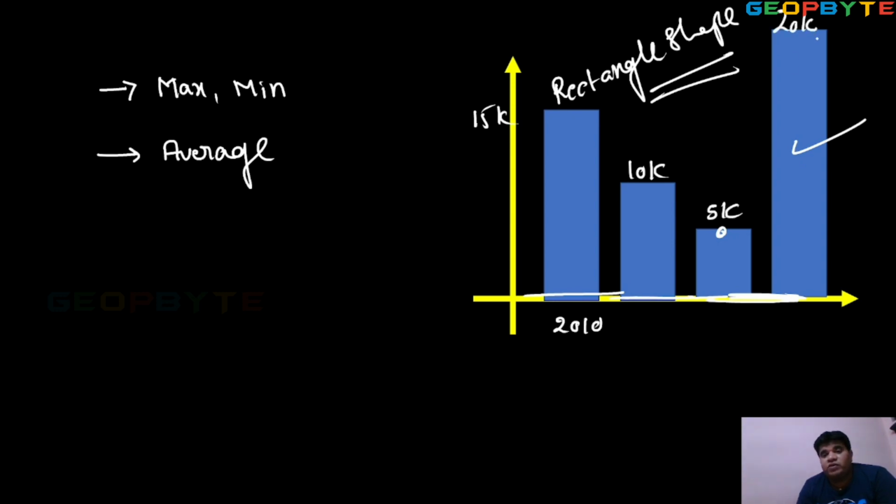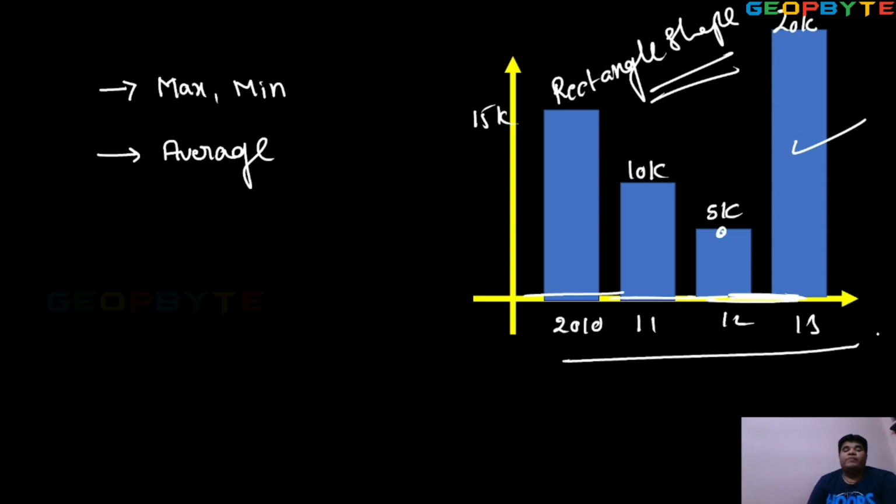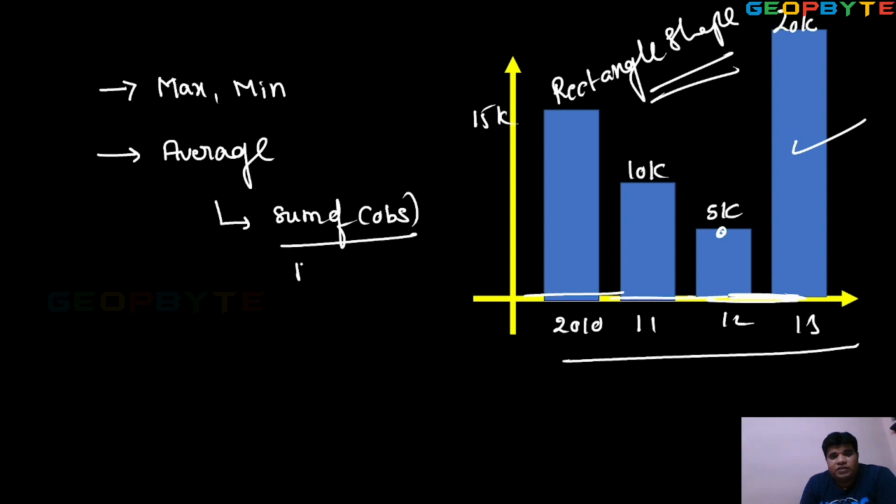What is the average production of 2010, 2011, 12, 13, all years together? What is the logic here? Sum of observations divided by the number of observations. This is our logic. So add all the values and divide by 4.